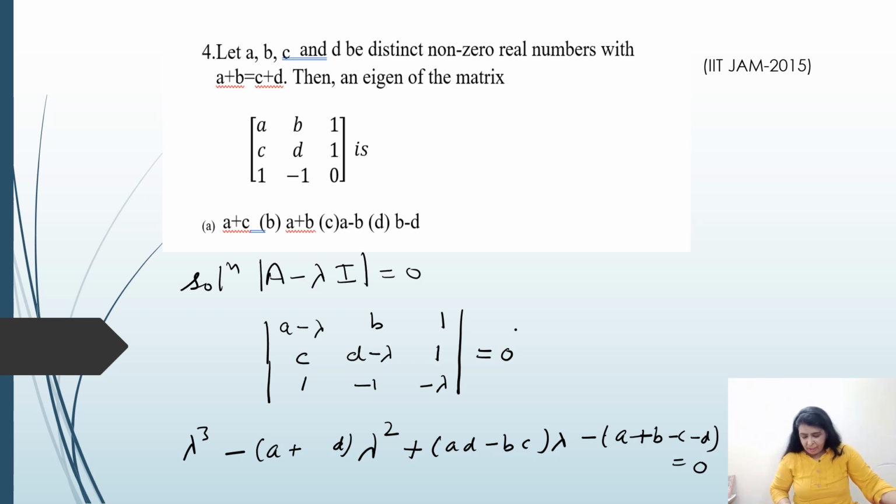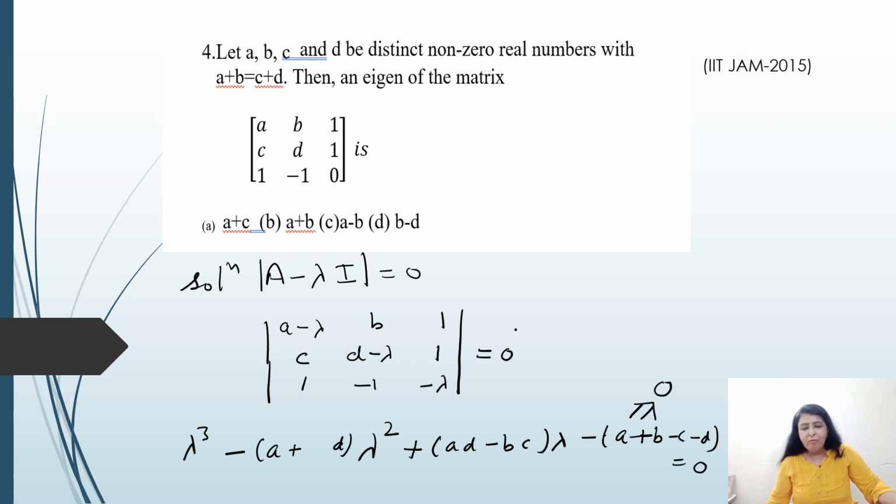Now you can see that in the last part, a + b is minus c minus d. Now we are given a + b is equal to c + d. So this part will become 0.